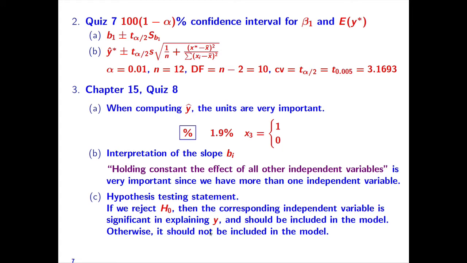If the p-value is greater than alpha, we fail to reject H0, then the corresponding independent variable is not significant in explaining y and should not be included in the model.